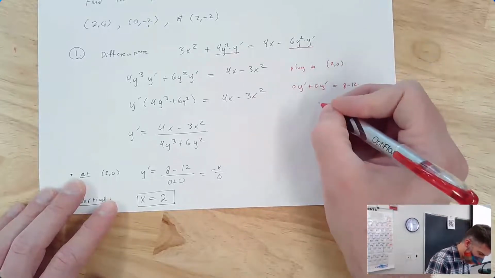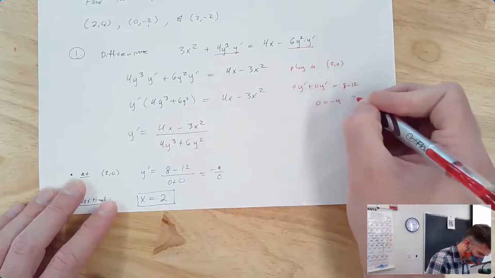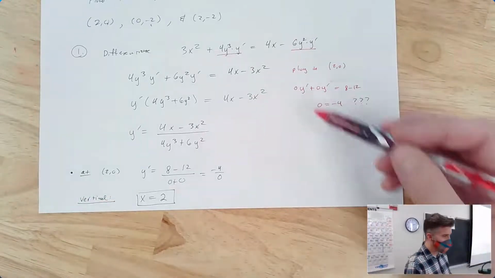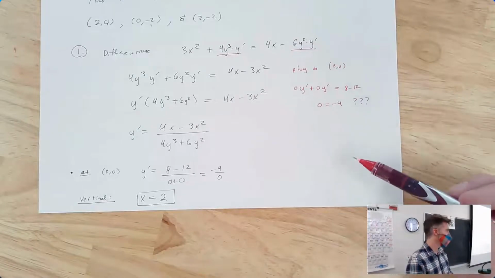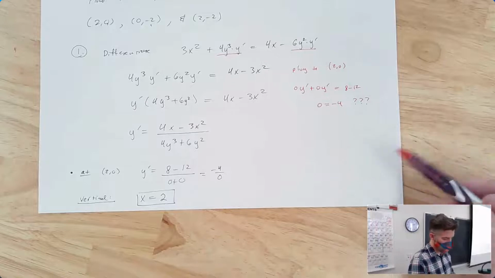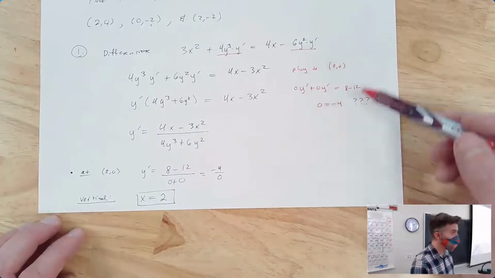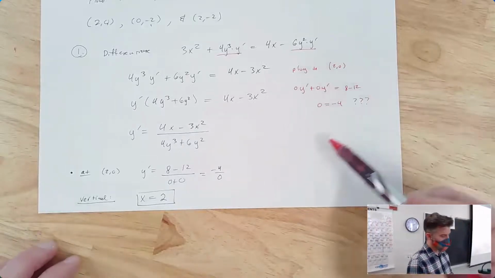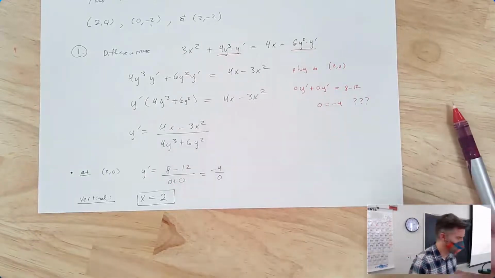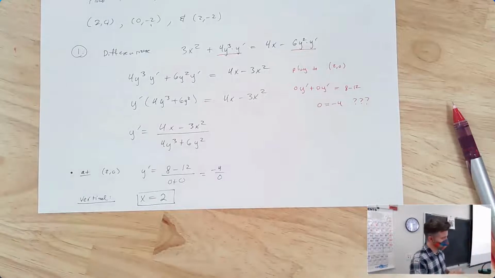So I get 0 equal to negative 4. If that happens, it almost always means you have a vertical line because you have an undefined slope. If you run into this trying to do it the shortcut way, it's fine, but you should probably go back and do it the longer way because it feels a little unsure. Maybe that's what I have, maybe not.